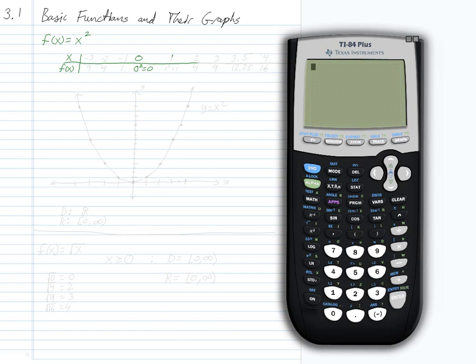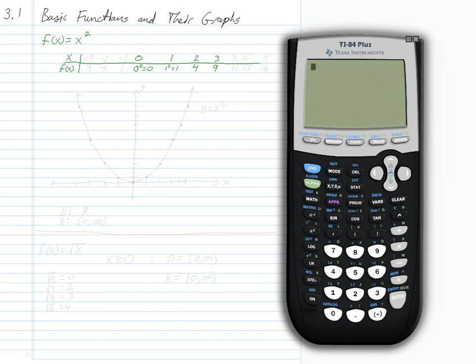If I plug in 1, f of 1 would be 1 squared, which is 1. If I plug in 2, 2 squared would give me 4. If I plug in 3, we would get 9.